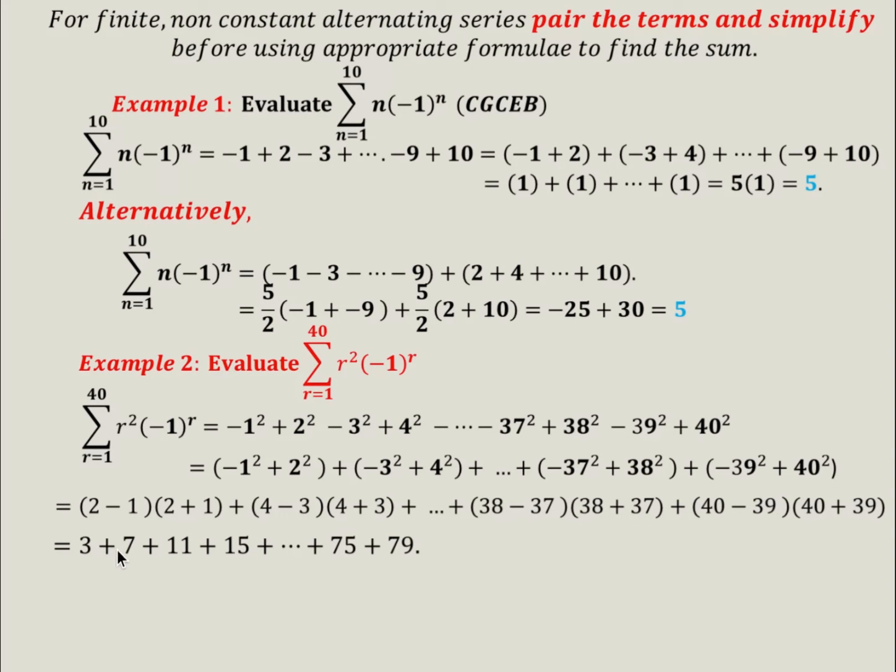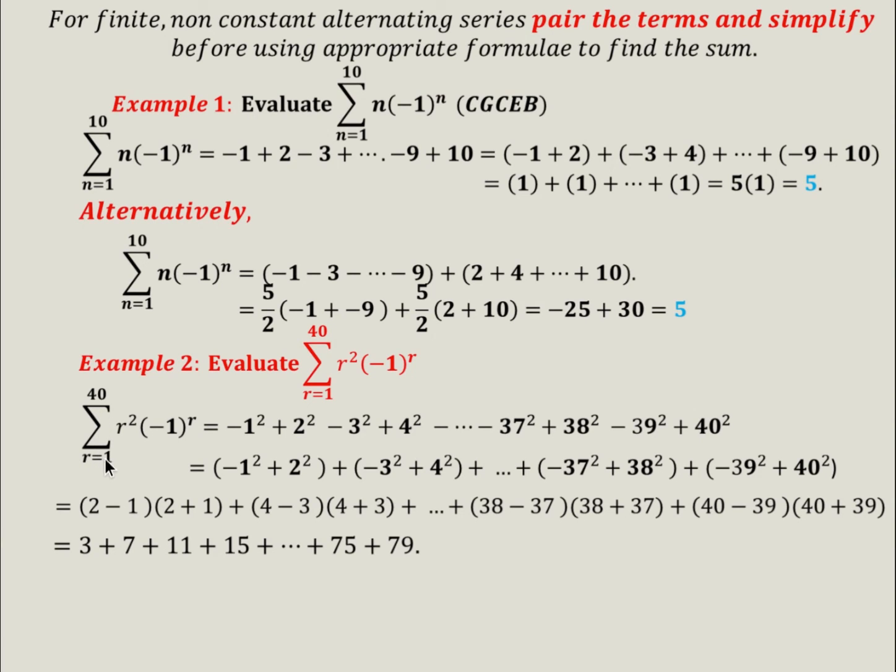3 plus 4 gives 7, 7 plus 4 gives 11, 11 plus 4 gives 15. So this is an arithmetic series with the first term being 3 and the last term being 79. So to evaluate this series, we need the first term already, which is 3, the last term, which is 79, and we need the number of terms. Remember, we had 40 terms in that series.